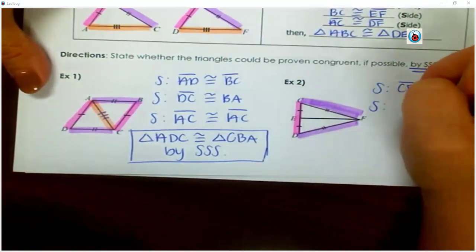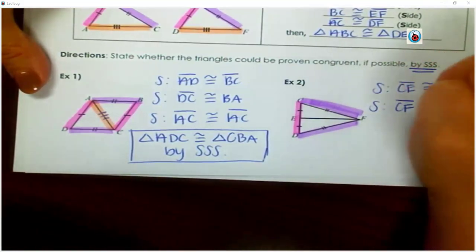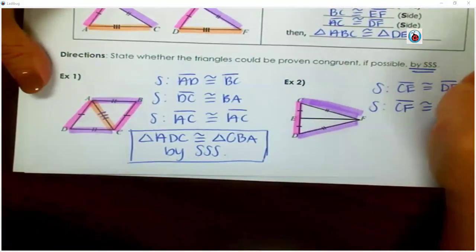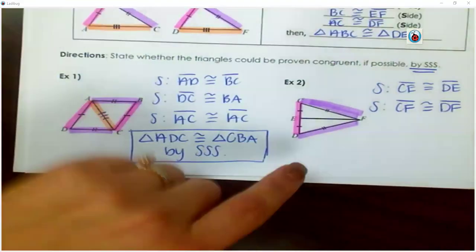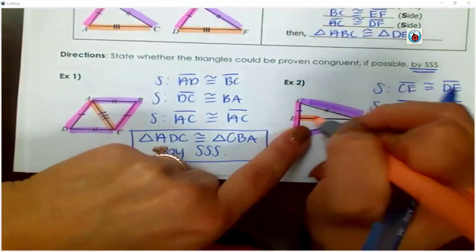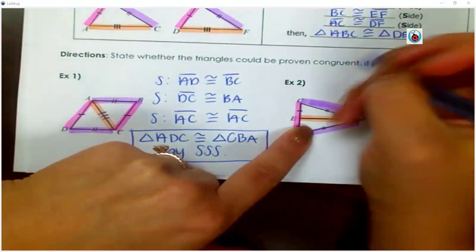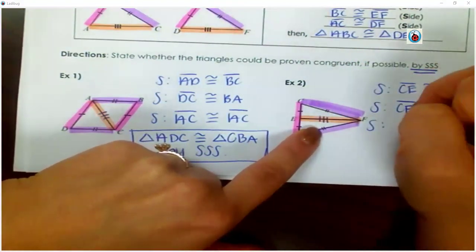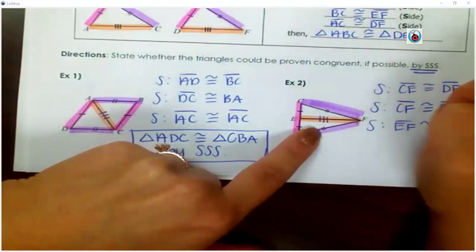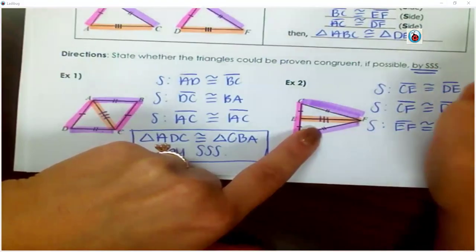So we have CF is congruent to DF. And then once again, this third side here is shared among the 2 triangles, which would be the reflexive property, which states that EF is congruent to itself, which is EF.